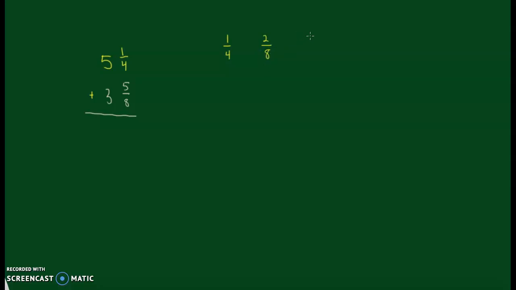And 1/4 is also the same as 3/12. So again, you have to multiply the numerator and the denominator by the same number. So 1 times 2 is 2. 4 times 2 is 8. For this one, it would be 1 times 3 is 3. 4 times 3 is 12.